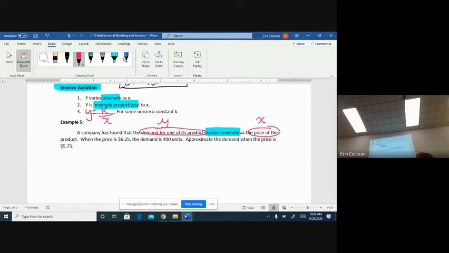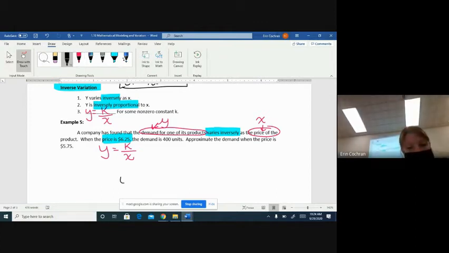So the first thing we need to do is find my K. All right, so my equation again is Y equals K over X. Remember, Y is my demand and my X is my price. When the price is $6.25, where would $6.25 go? In the Y or the X?